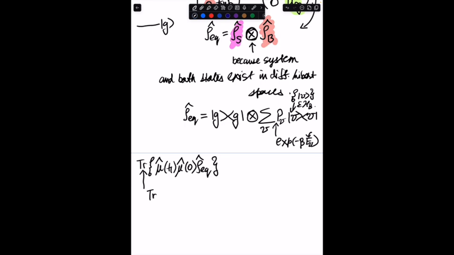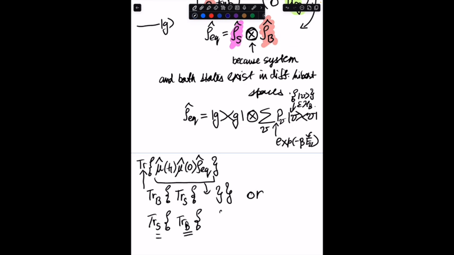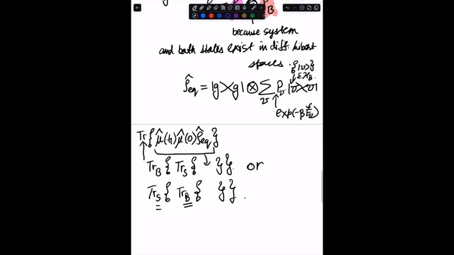So you can first perform a trace over all your bath states and then take a trace over all your system states of this quantity, or you could take a trace over all your system states first and then over all your bath states of this specific quantity. And both operations should be equivalent, as is governed by the property of the trace. So in this case, I would choose the first option.